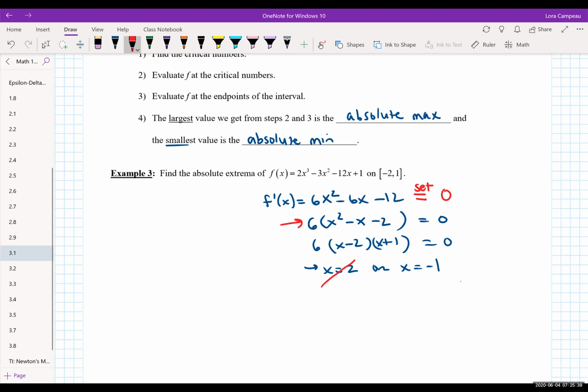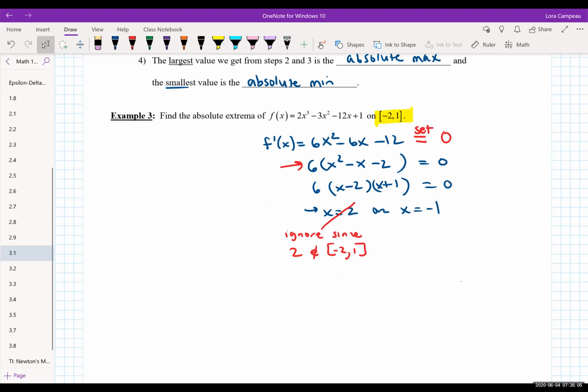I don't really need to consider it because 2 is not in the interval negative 2, 1. Remember, they wanted to define the interval for us. I mean, so cool. That saves me some time, at least. If the interval was a little larger and it did include the 2, then we would have to consider this as well.